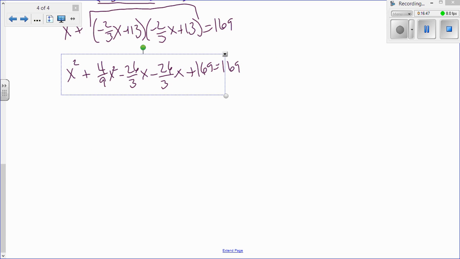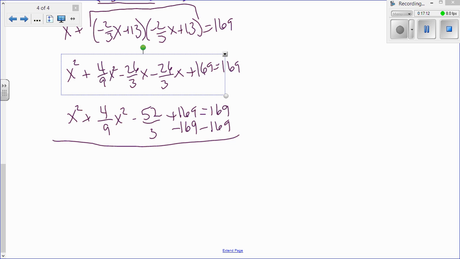And I'm going to extend my page to get more room. Alright, if I combine like terms now, I will have minus 52/3 x plus 169 equals 169. Now I need to get this equal to 0, so minus 169.